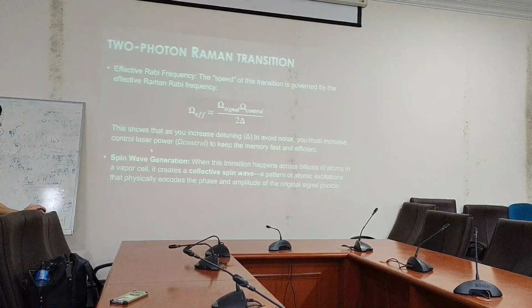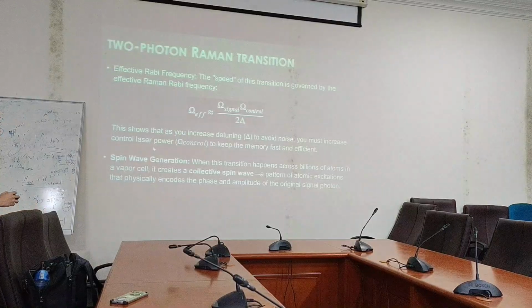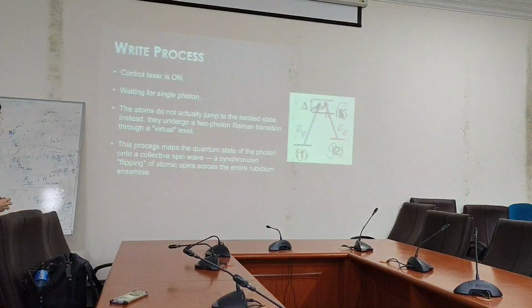Spin wave generation is when this transition happens across billions of atoms in a vapor cell. It creates a collective spin wave, a pattern of atomic excitations that physically encodes the phase and amplitude of the original signal photon. So this is the write process.